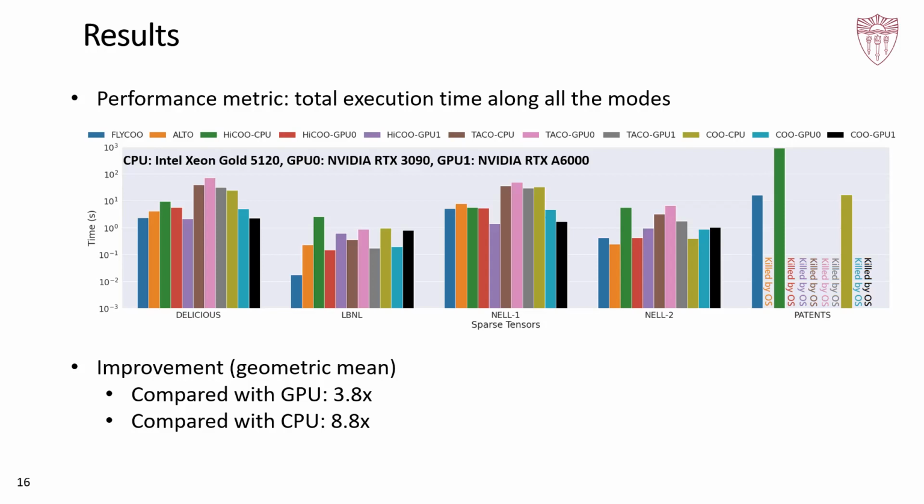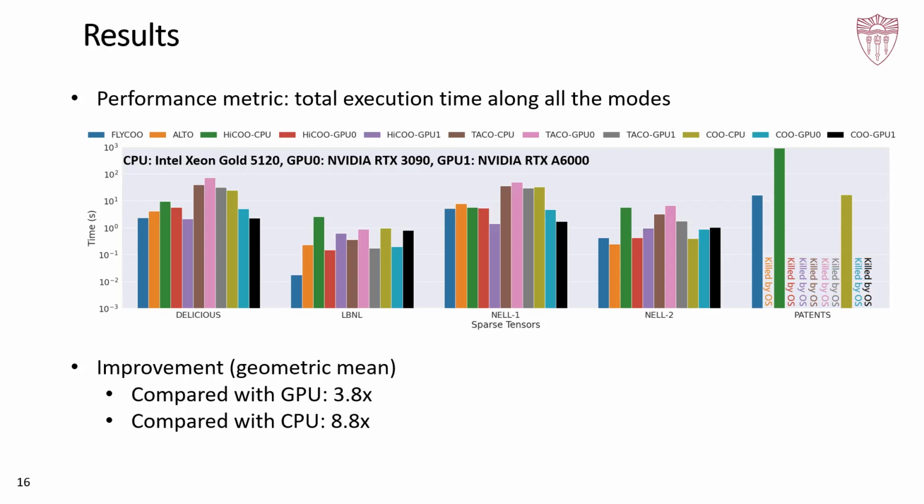We ran the CPU experiments on Intel Xeon Gold 5120, and we ran GPU baselines on NVIDIA RTX 3090 and NVIDIA RTX A6000. Compared to GPUs, our work has improved the total execution time by 3.8x.